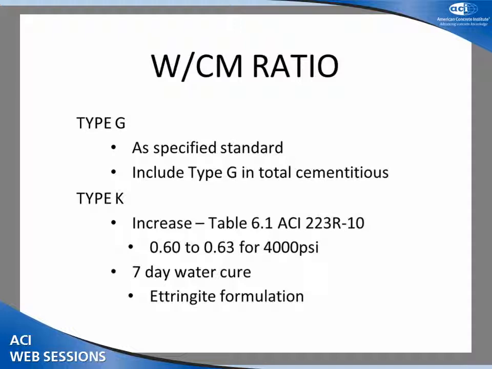A mister is usually provided to prevent surface drying during finishing and setting, and a 7-day water cure is required for Type K concrete in order to develop the full expansion, as previously talked about in presentations. Both of these requirements add cost to a Type K placement, and both of these additional costs can be avoided by the use of a Type G product.